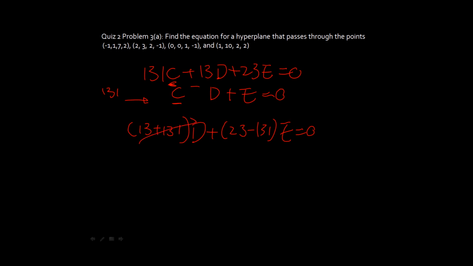So this one gives me 144. This one gives me minus 108, right? And if I rearrange the terms, I have D equals to 108 over 144 E, and then if I cancel the terms, I have 3 over 4 E.